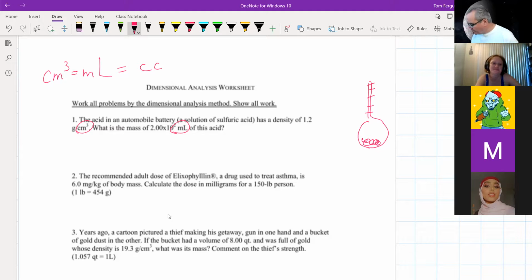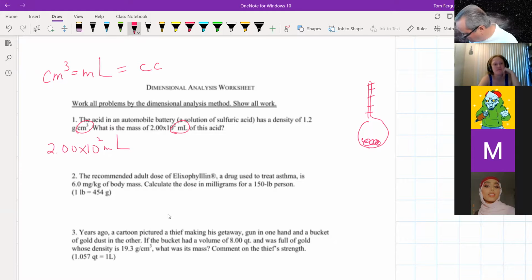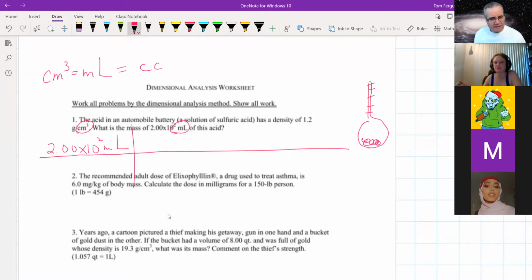Okay, so we want to go from two... I like to use milliliters rather than cubic centimeters, but it depends on the book and it depends on your professor.